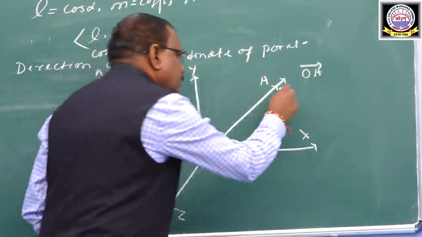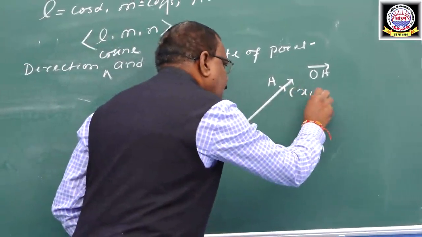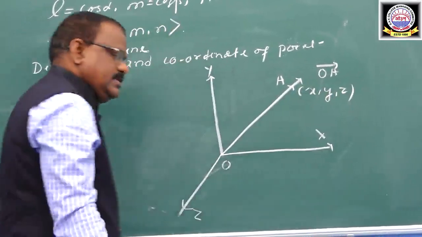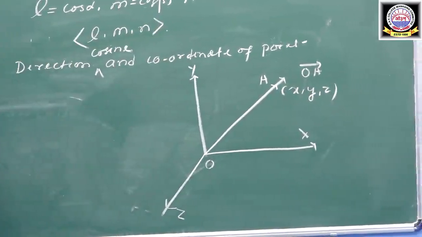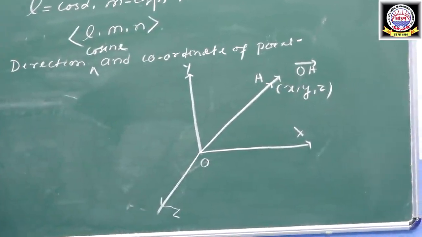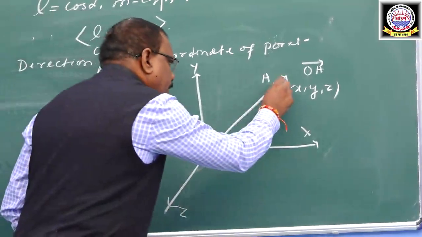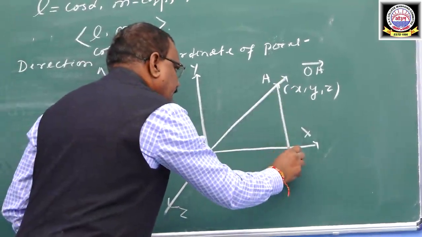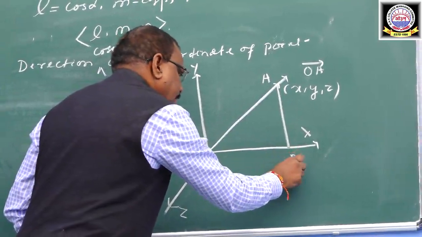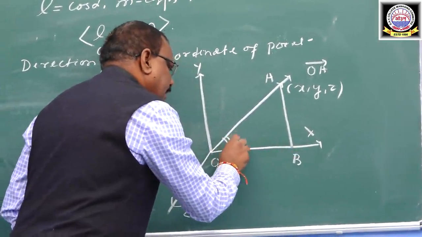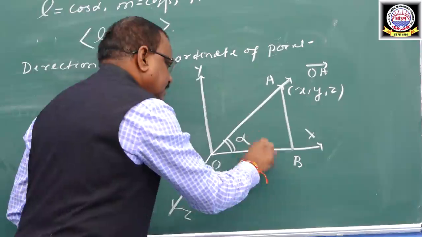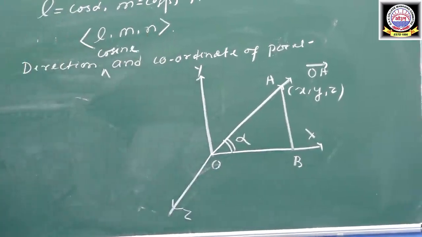Let the coordinate of this point be x, y, z. Correct? This point's coordinate is x, y, z. Now you drop a perpendicular to the x axis. Let it be B, say. And this is the angle made by the line with the x axis, alpha, say.